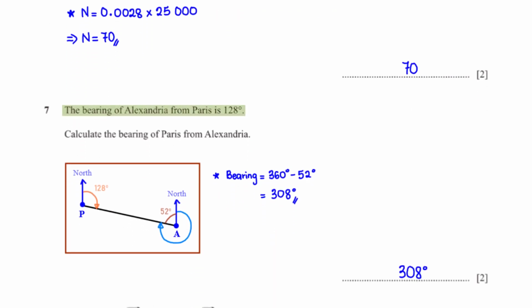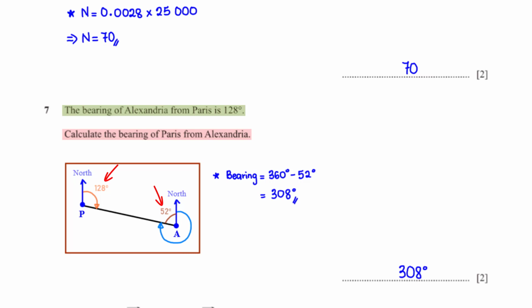The bearing of Alexandria from Paris is 128 degrees. Calculate the bearing of Paris from Alexandria. In the illustration, we've indicated the bearing of Alexandria from Paris, which has been given as 128 degrees. And we've also indicated the bearing of Paris from Alexandria, which is what we are finding. These two are interior angles.